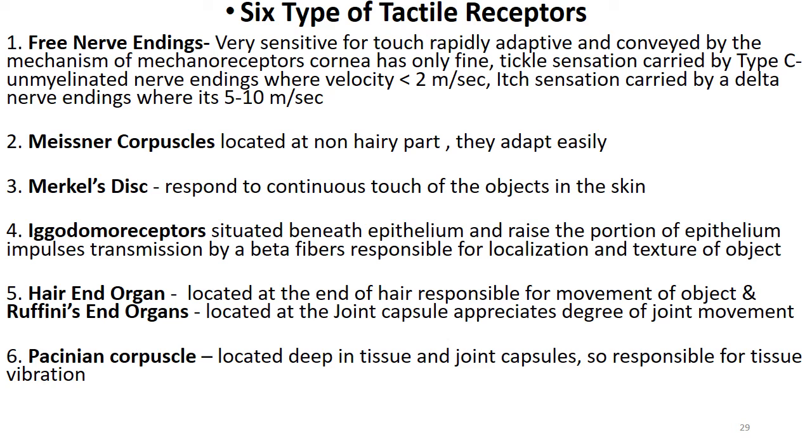If I ask you, this is one very important question, the types of tactile receptor, because there is a fine touch also, there is a crude touch also. You can say there are 6 types: free nerve ending, Meissner's corpuscles, Merkel disc, hair end organs, Ruffini's end organs, Pacinian corpuscles. And each receptor has its own functions.